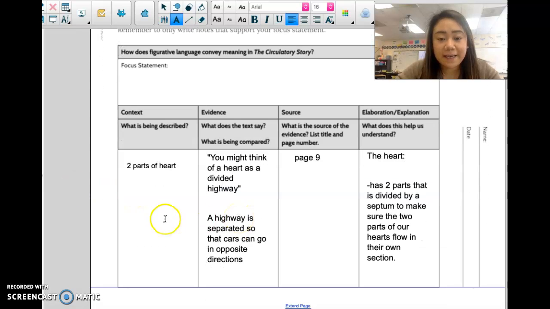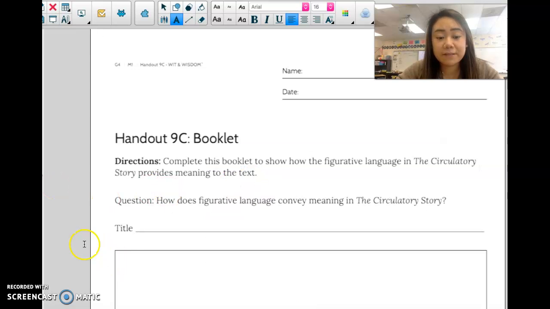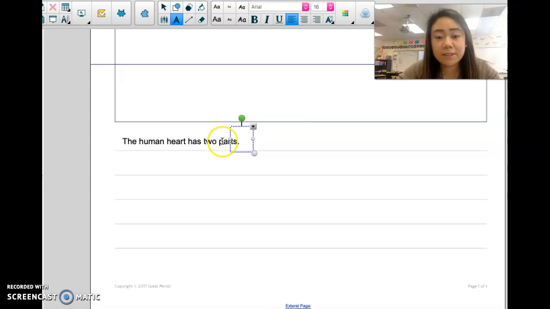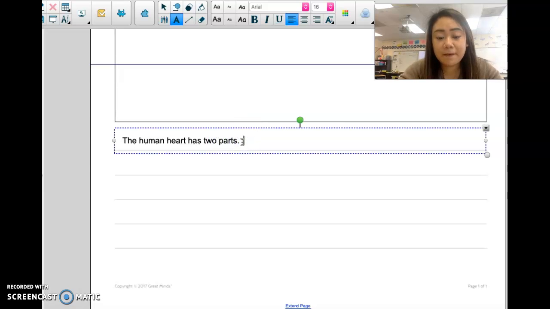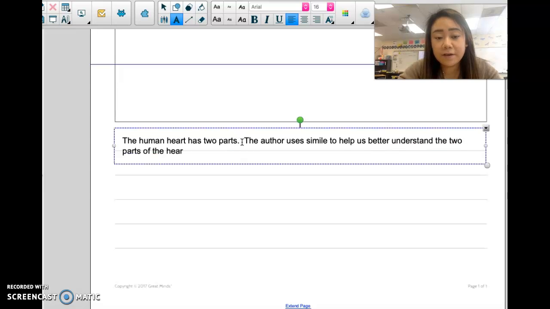Now we need to say, what does the author use to compare next? So the human heart has two parts. I'm going to say the author uses simile to help us better understand the two parts of the heart.